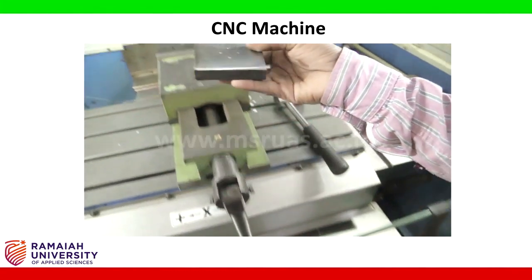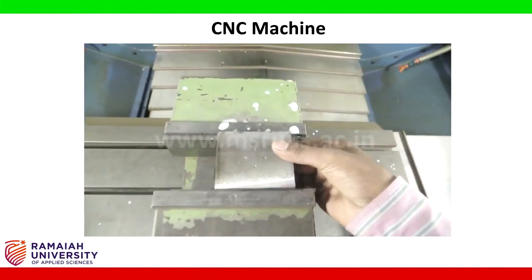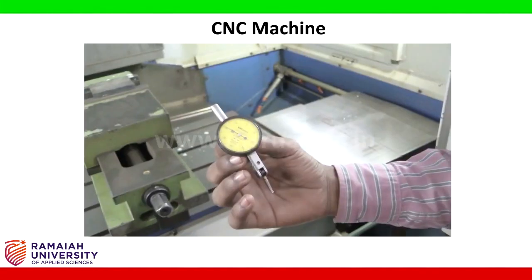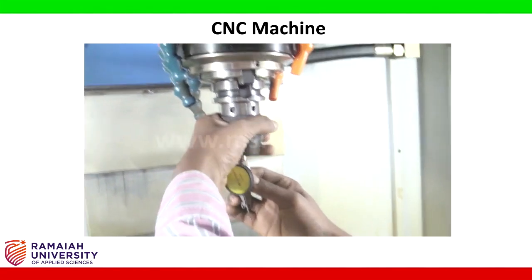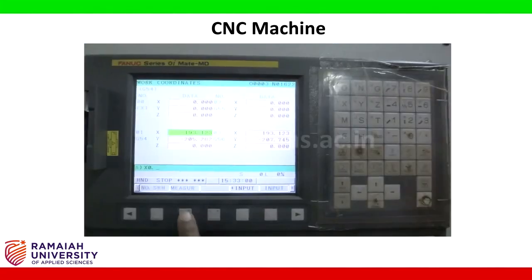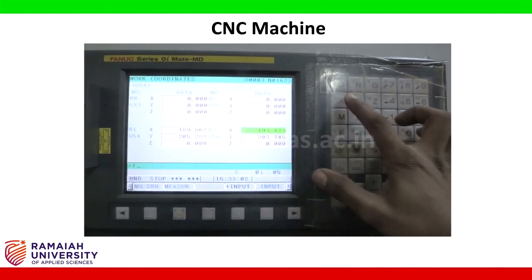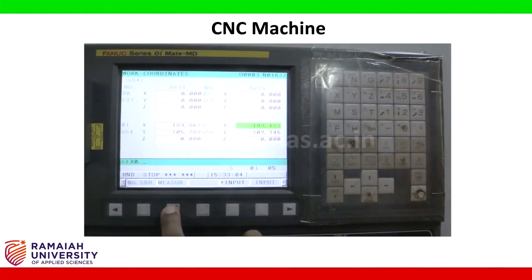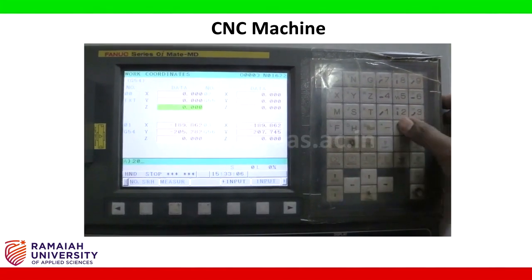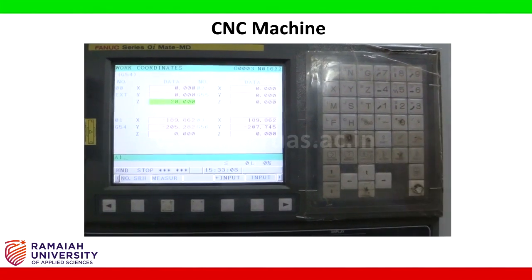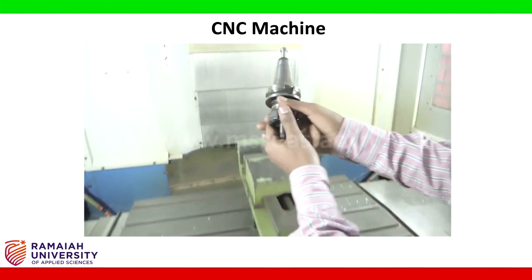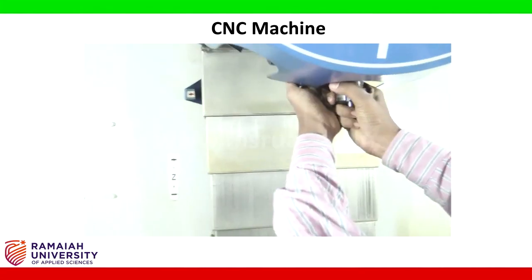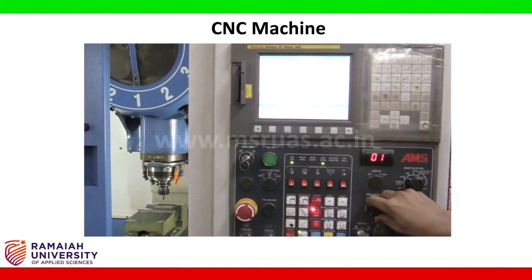Mount the workpiece on the machine bed. Set the workpiece position on the CNC machine by using the needle dial gauge. Move the CNC table by jog mode and enter the reference values in the work coordinates G54. Load the 10 mm diameter end mill in the tool turret. Run the program in machine mode.